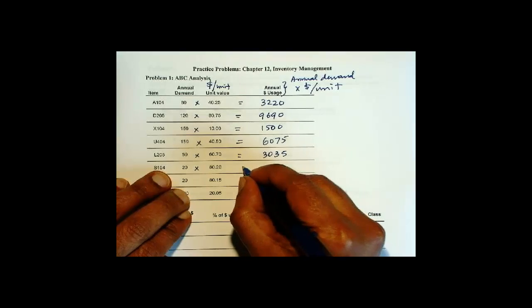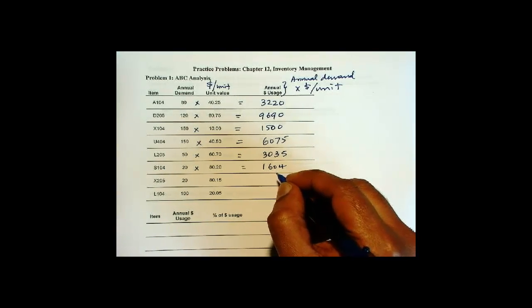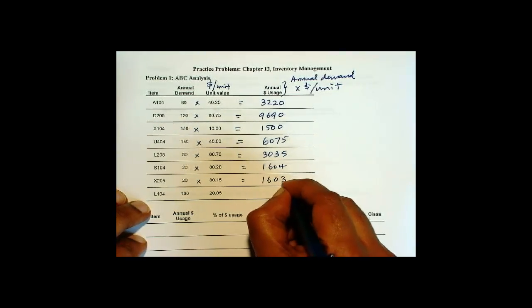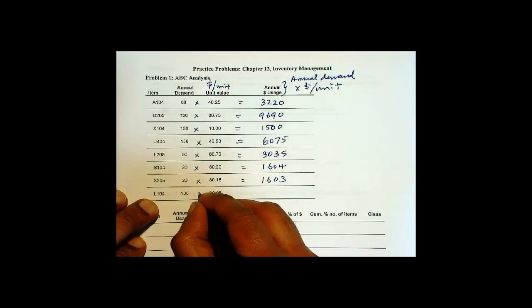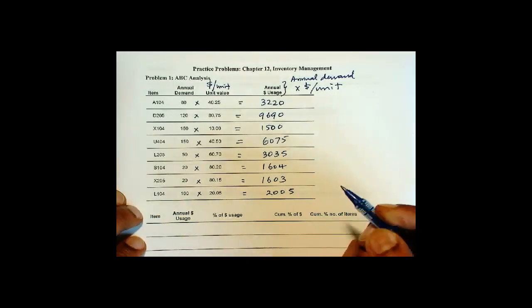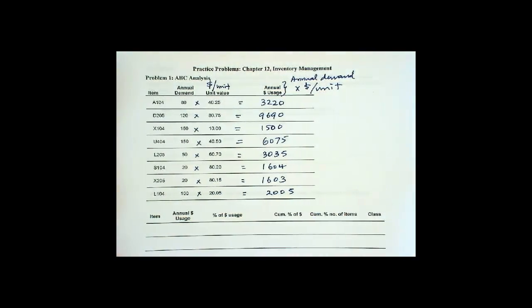This is 1604. This is 1603 and 2005. So this is the first step, to find the annual dollar usage.